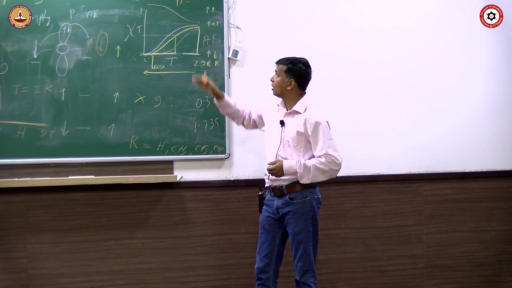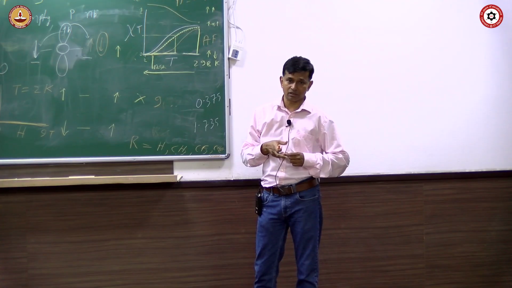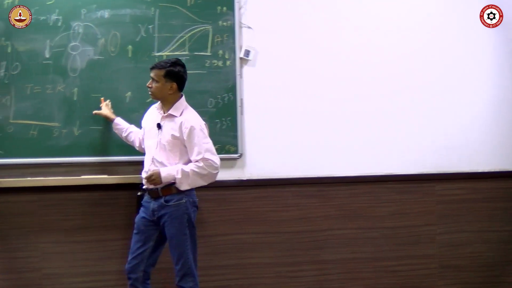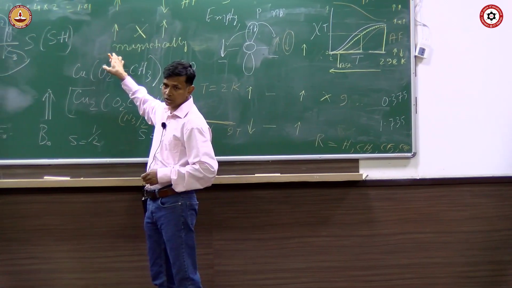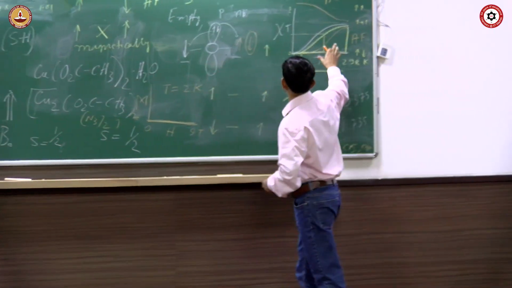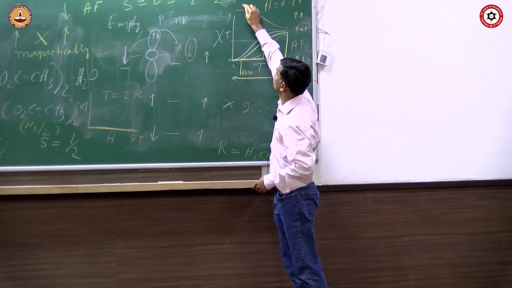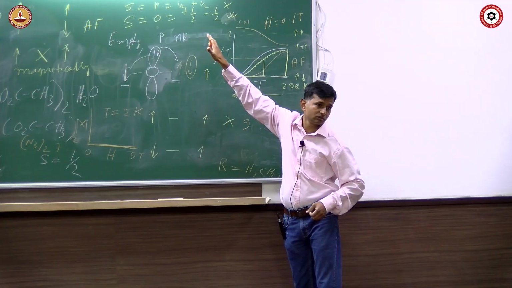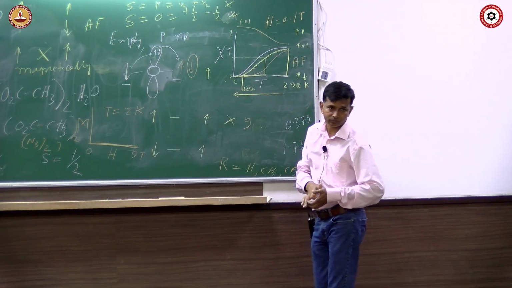Now where it will reach, that also I can predict. For 2 spins you have seen, if you calculate, we got a value equal to 1.01, right. So if it is strongly coupling, it will reach 1.01 and become constant. So that is the maximum it can reach.